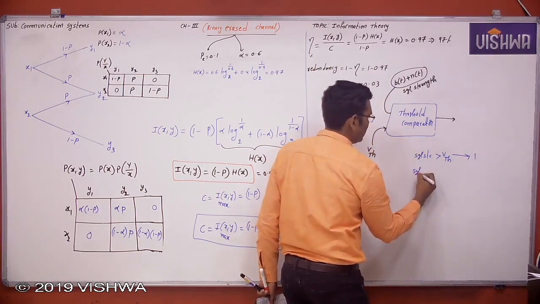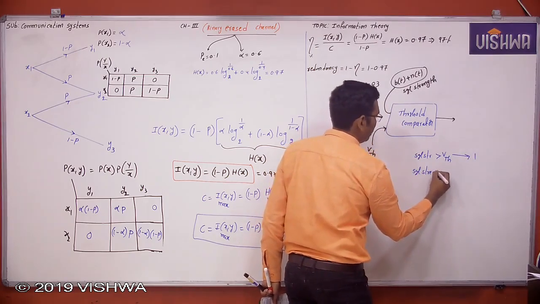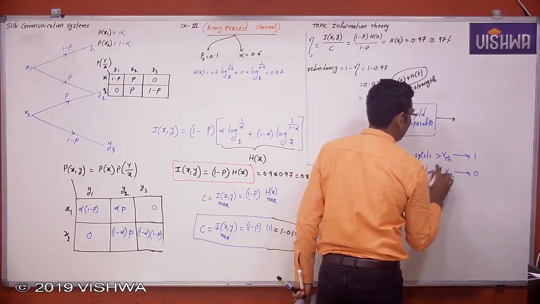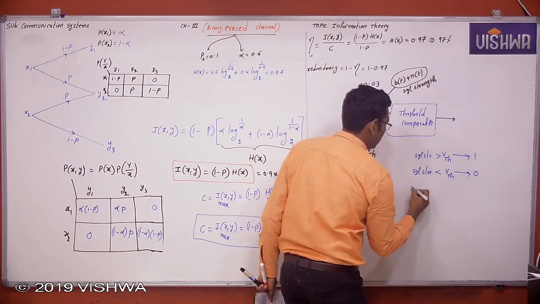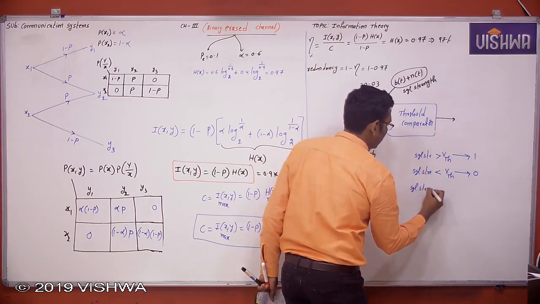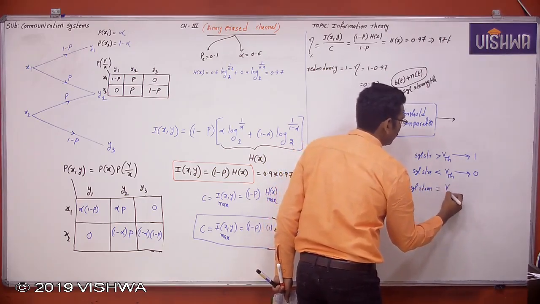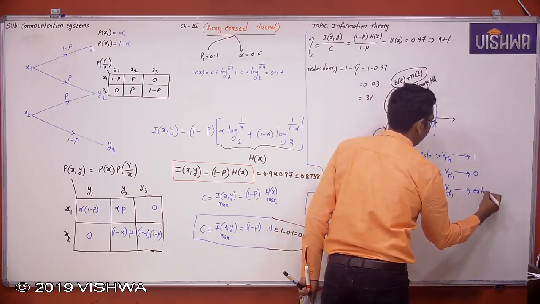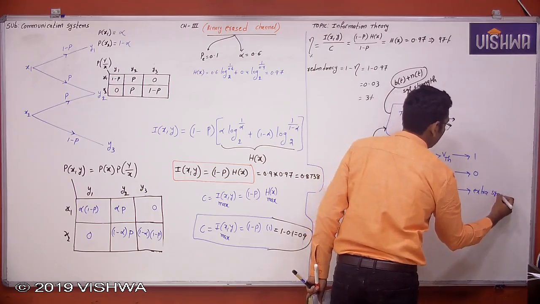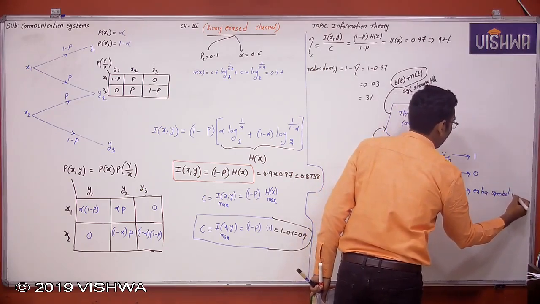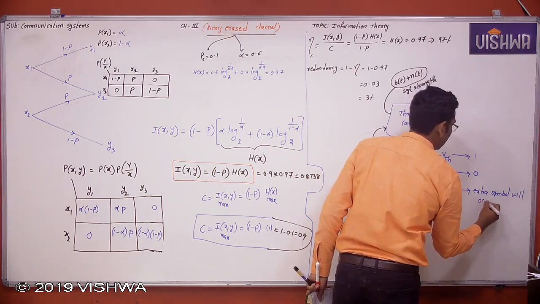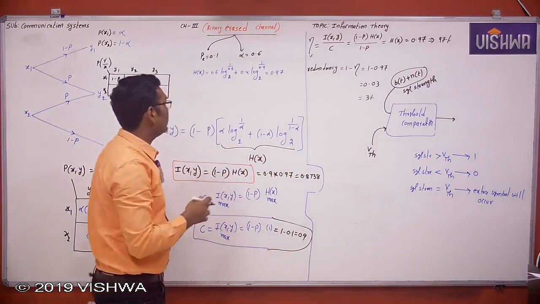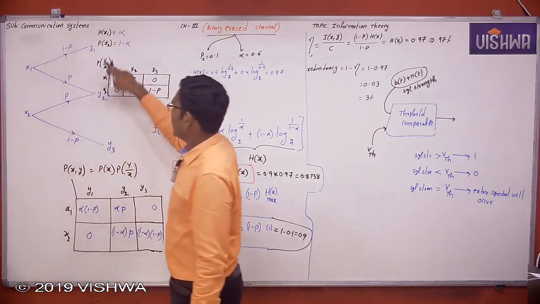If the signal strength is less than the threshold voltage, it will be treated as binary 0. If the signal strength is equal to the threshold voltage, then this extra symbol will occur. This is the way this extra symbol may chance to occur.